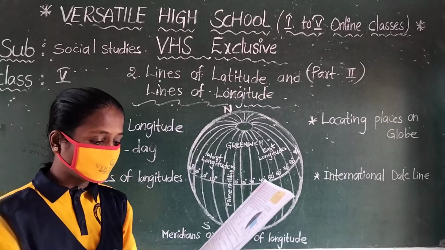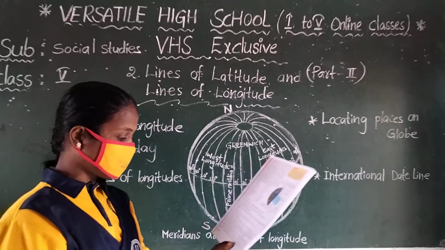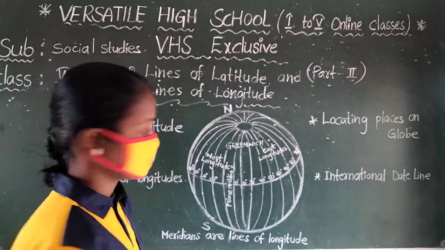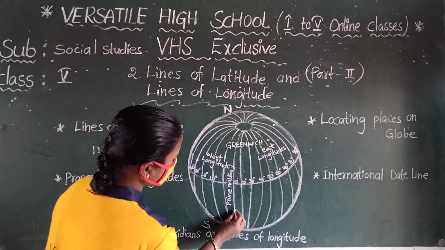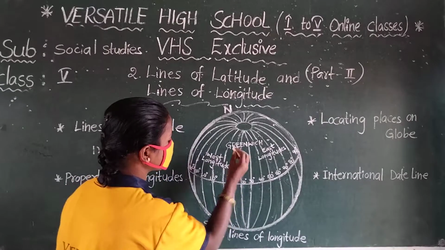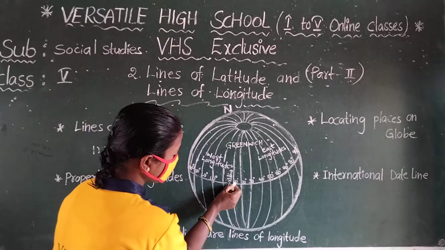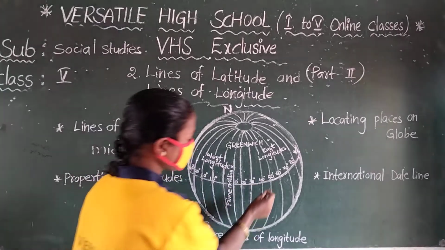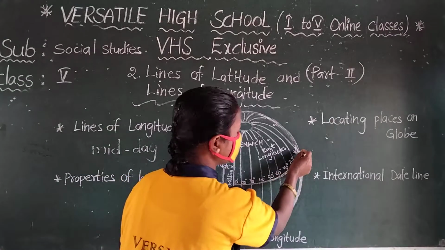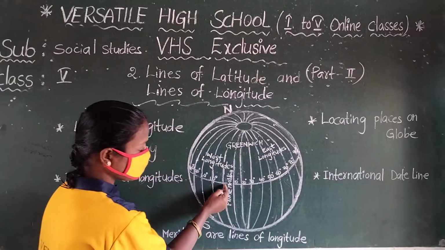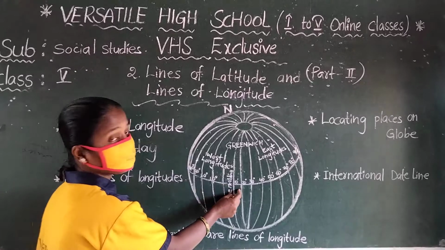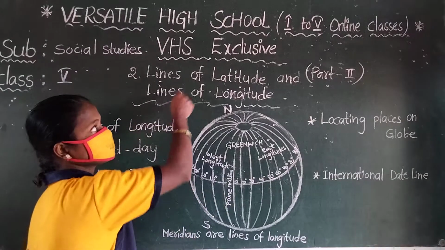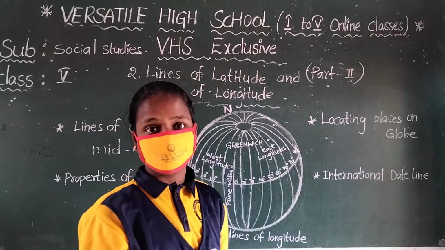It is numbered 0 degrees and all the other longitudes are numbered starting from 0 degrees. So the prime meridian starts with how many degrees? 0 degrees. We observe these degrees: 10, 20, 30, 40, 50, 60, 70, 80, 90.